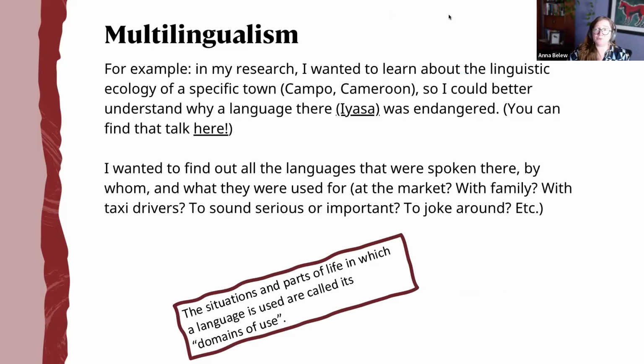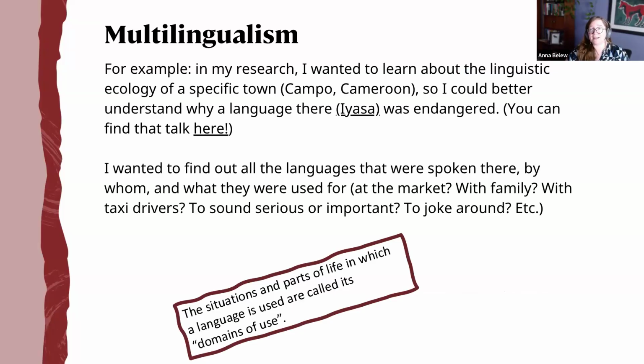So, for example, from my own research, when I was doing my PhD, one of my big questions was the linguistic ecology of one specific town. What is the linguistic ecology? What are the languages being used? How do they relate to each other? How do people navigate their daily lives with all these different languages in the mix?